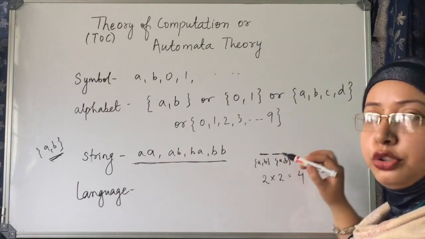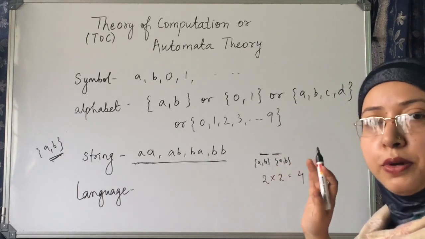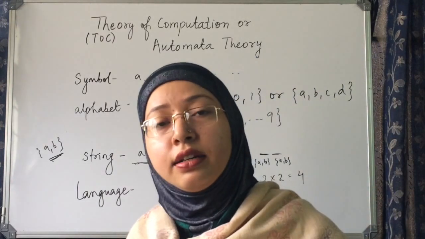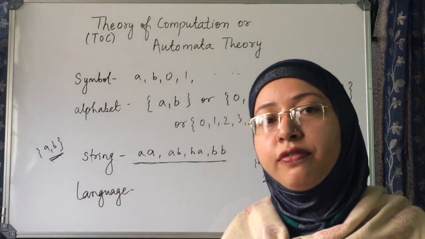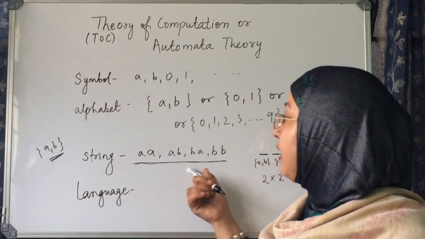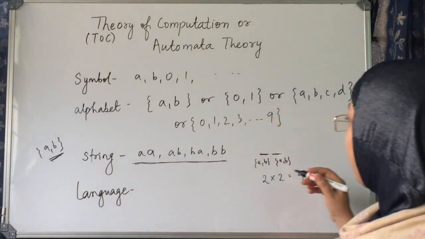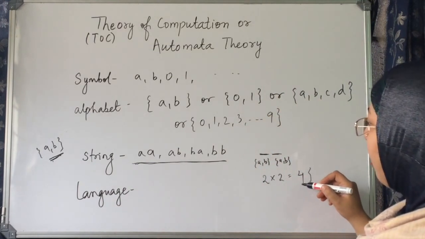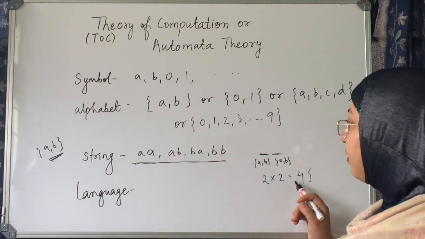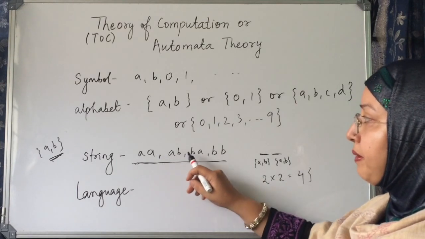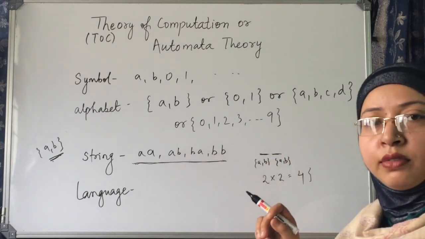Therefore, for length 2, 4 strings are possible. What are they? AA, AB, BA, BB.